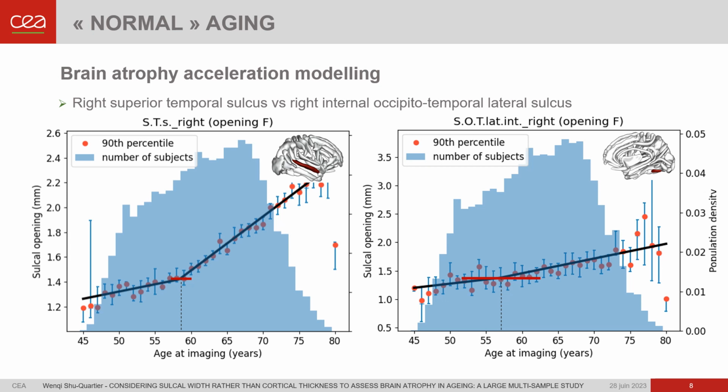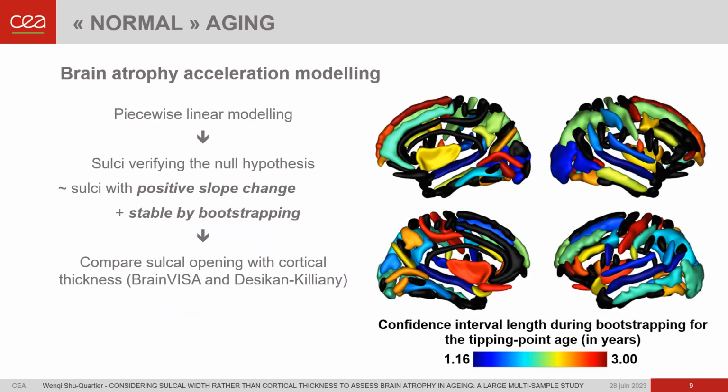In other words, a significant variation in the calculated breakpoints during bootstrapping, as depicted by the red line on the slide, suggests a less distinct change in slope and questions the relevance of the null hypothesis. Therefore, with the tipping point age, we get a feature that quantifies the degree of acceleration in the atrophy of any given neuroanatomical feature.